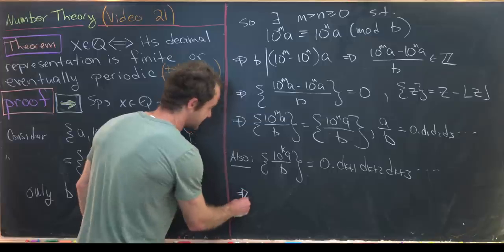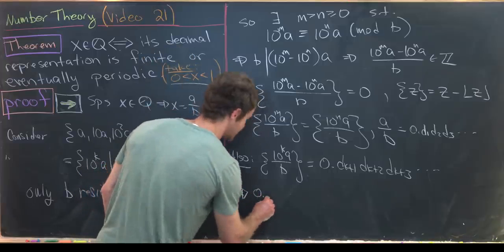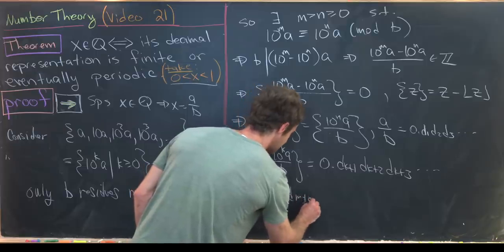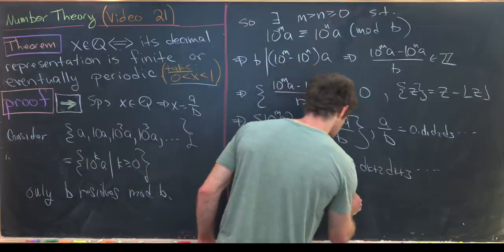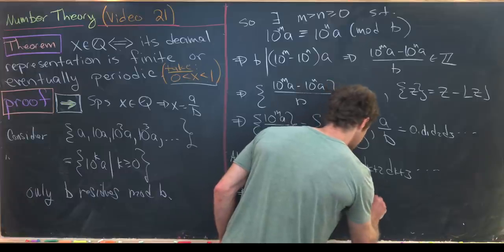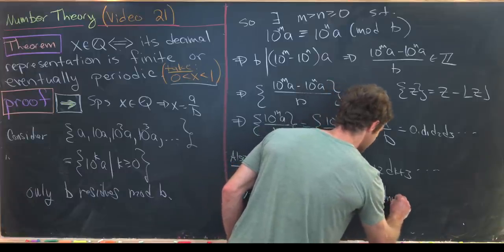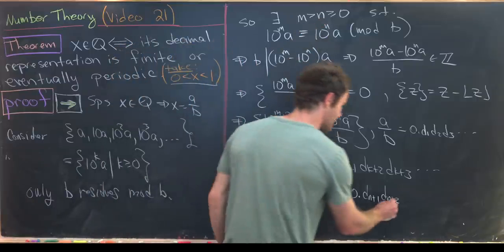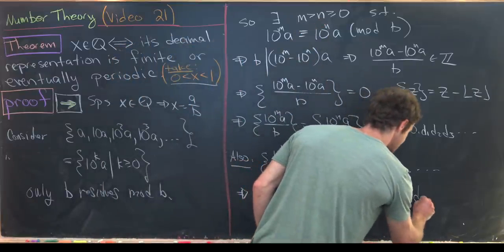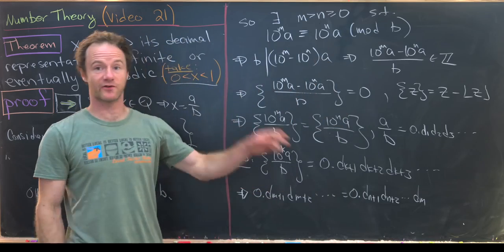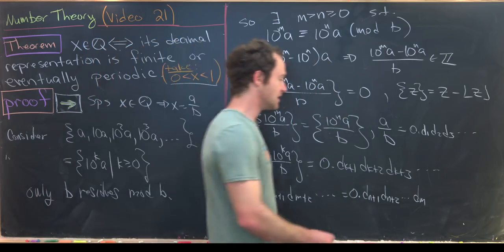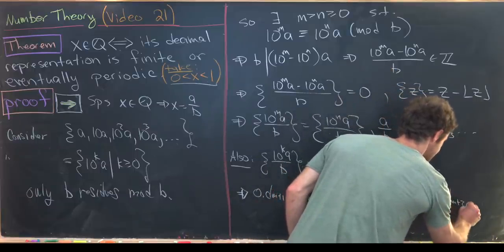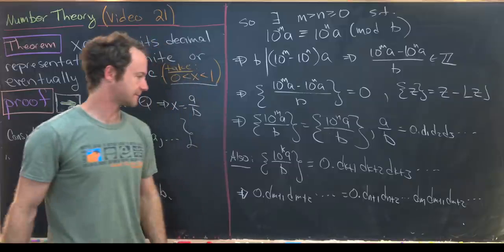So that tells us that 0 point d sub m plus 1, d sub m plus 2, and so on, is equal to 0 point d sub n plus 1, d sub n plus 2, and so on. But then keeping in mind that n is less than m, that means eventually we will find d sub m as we go further into the expansion. But after that is d sub m plus 1, d sub m plus 2, and then we keep going.